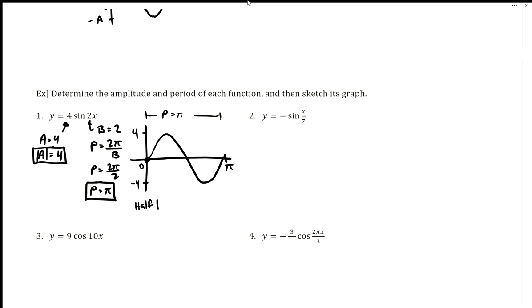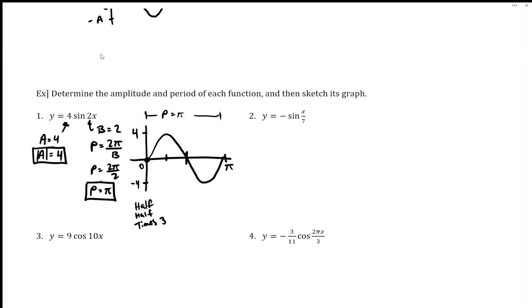Oops, let me write this vertically. Half times 3. The reason I call it that is, well, this is a halfway point that I just marked between 0 and pi. And then this is a halfway point of the one we will just have found.